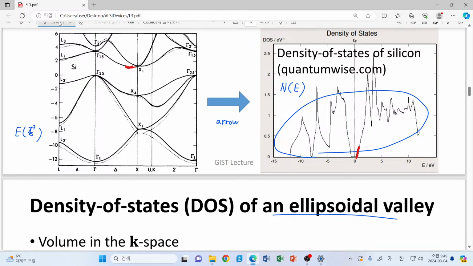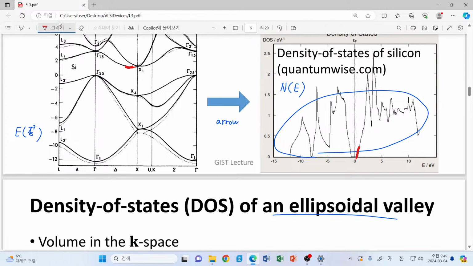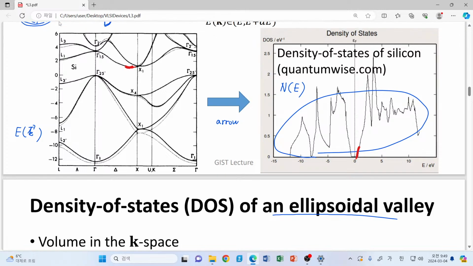Are you with me? Although now, using computer simulation, we can calculate all kinds of information over several electron volts, actually that is not that important to us.